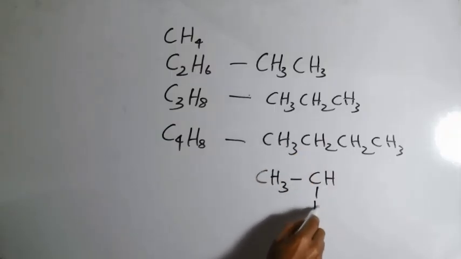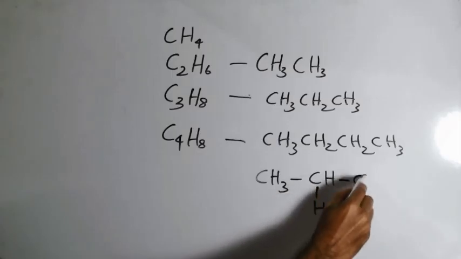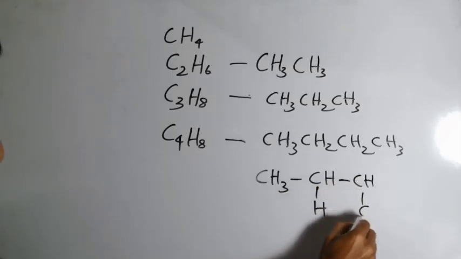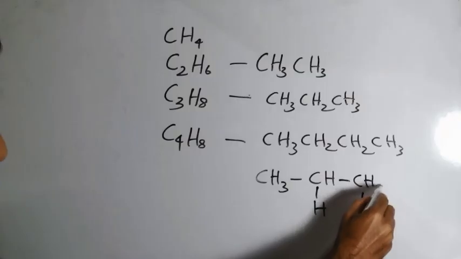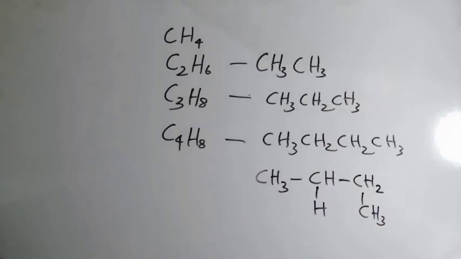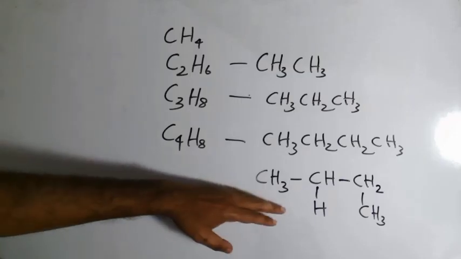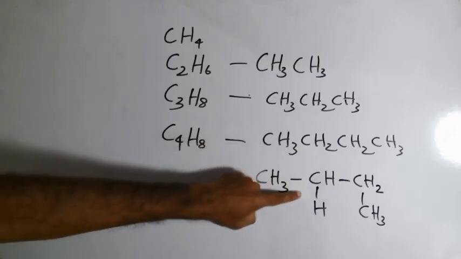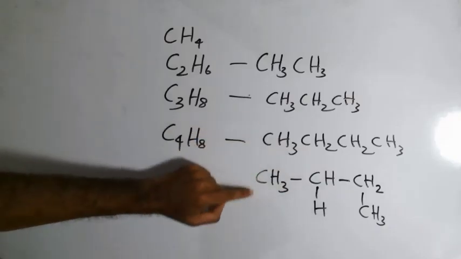I am explaining this in this way. CH3. Now there are two hydrogens. Same thing. This is just to explain how these atoms are connected. There is no difference between these.